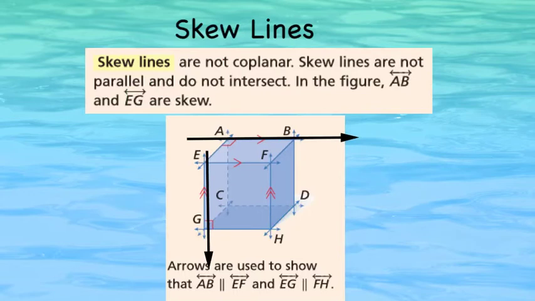So on paper, or two-dimensionally, it looks like these would intersect, but technically EG is in the front and goes vertically. AB is in the back and moves horizontally, just side to side. Those are skew lines. They would never cross. And they are also in separate planes. Even though E is technically in the same plane as both of these, they are still considered skew.